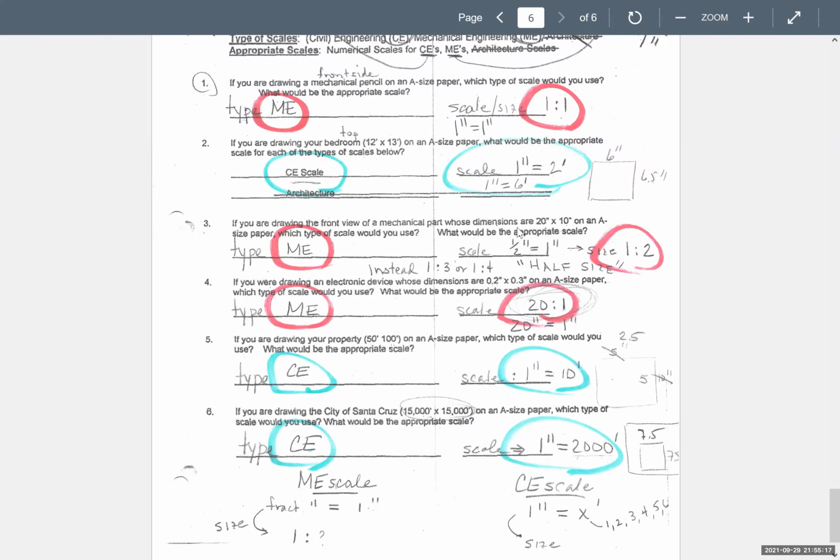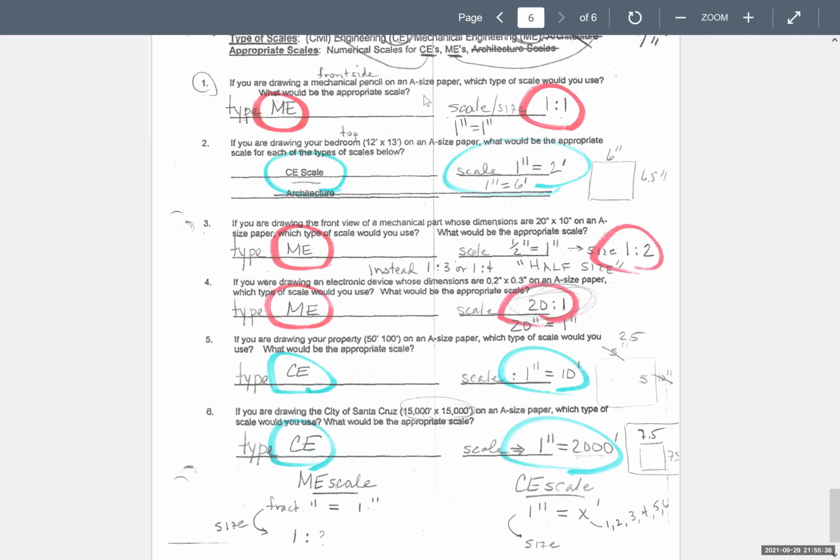This gave dimensions of inches, and this one gave dimensions of inches. So you knew that the standard unit for dimensions for mechanical in length is inches. Yes. And then the civil, the green ones, were all civil because they were all dealing with feet. Good. So that's the type of scale they are.